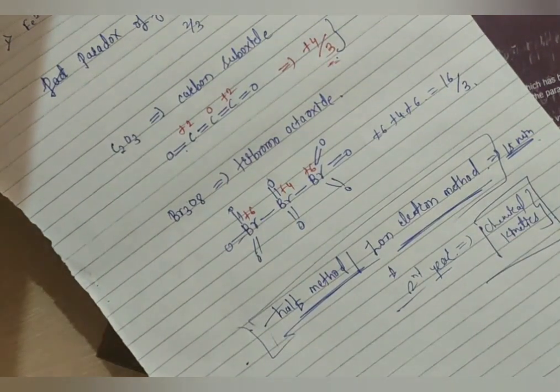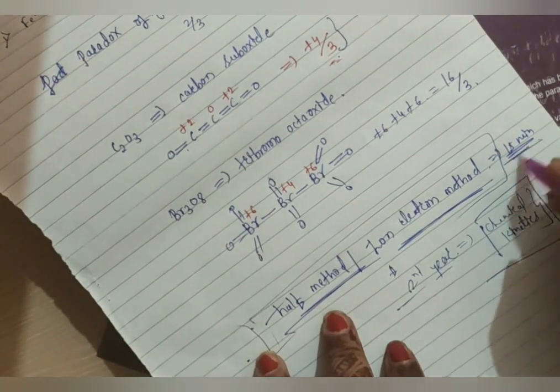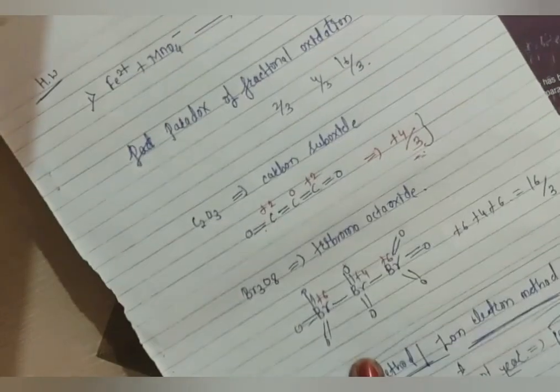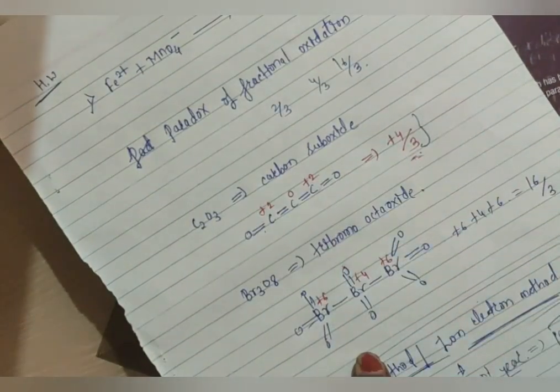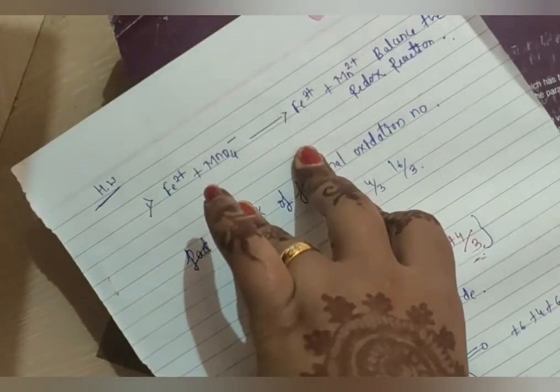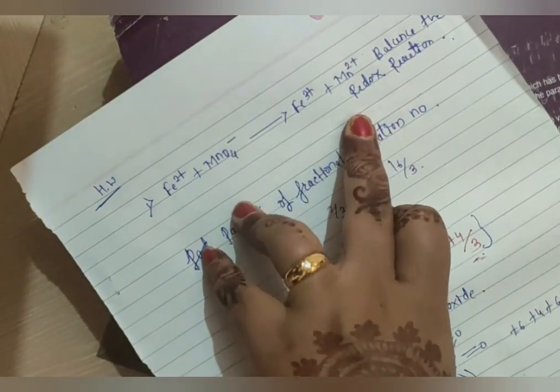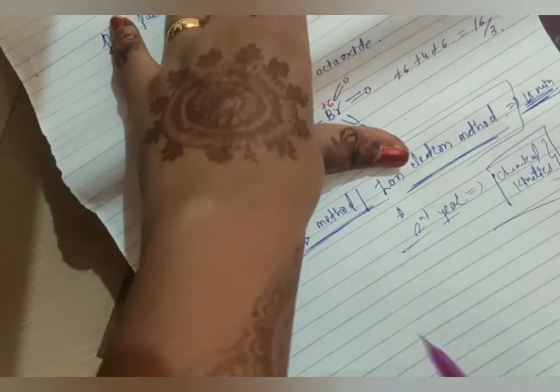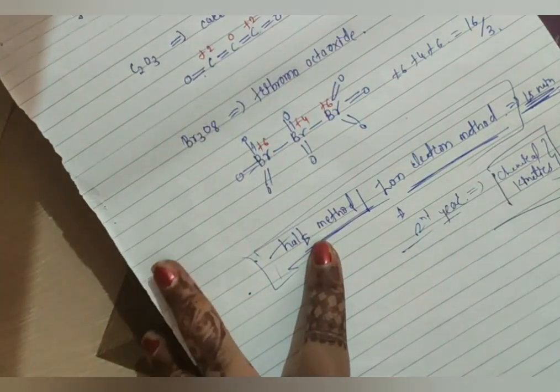In the evening when all the classes are over, I will send a 15 or 20 minute video. At that time you have to learn this half electron method, and before that you have to see this video and try to solve this one example using the oxidation number method, because I teach only the oxidation number method, and this method I will teach in one more video.